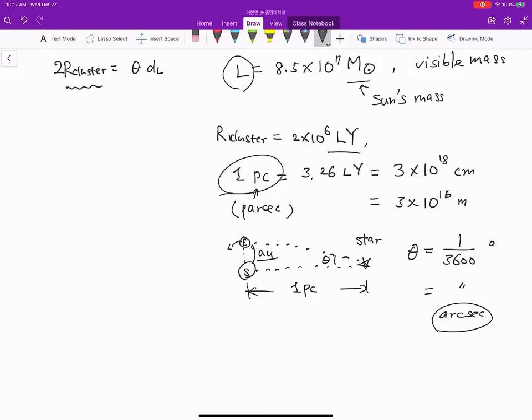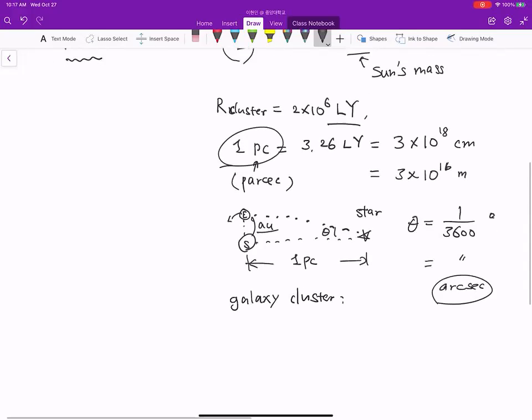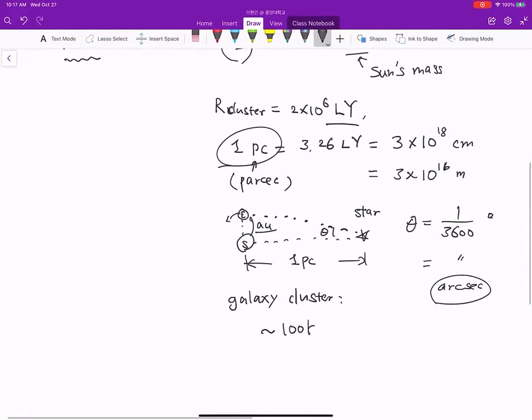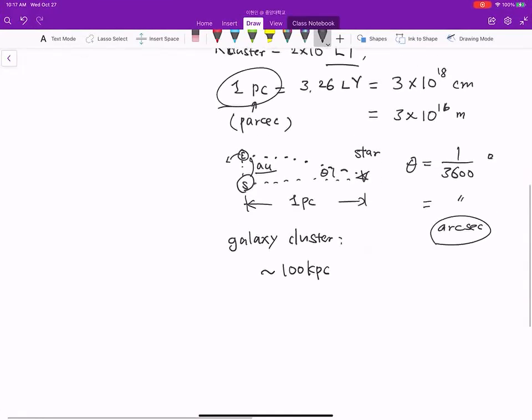So the solar system, as an object, is about a few parsecs. And for galaxies, our galaxy, the Milky Way, is about 100 kiloparsec, and a galaxy cluster is about a megaparsec, the radius of the cluster.